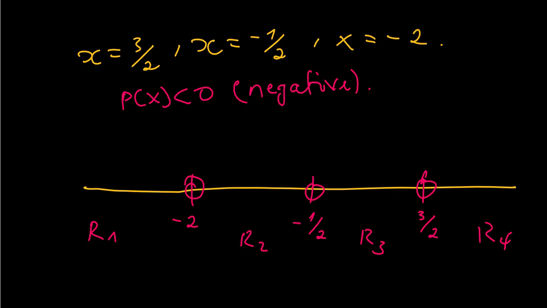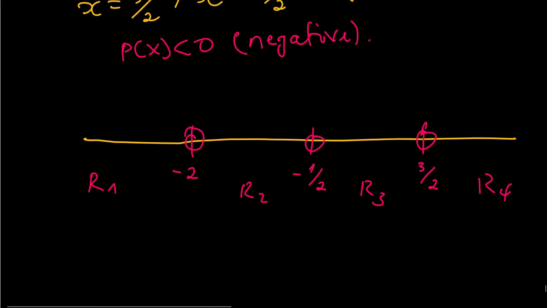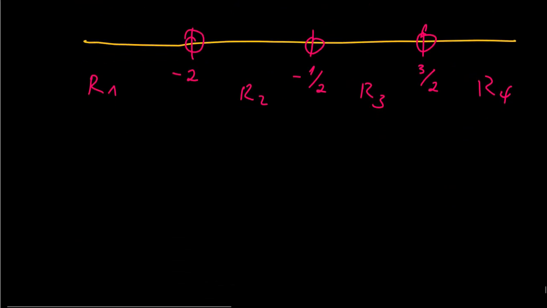So let's begin by testing signs. In order for us to test signs, we are going to take any value in each region and insert it in p of x. Let me write down p of x here to avoid going back above.